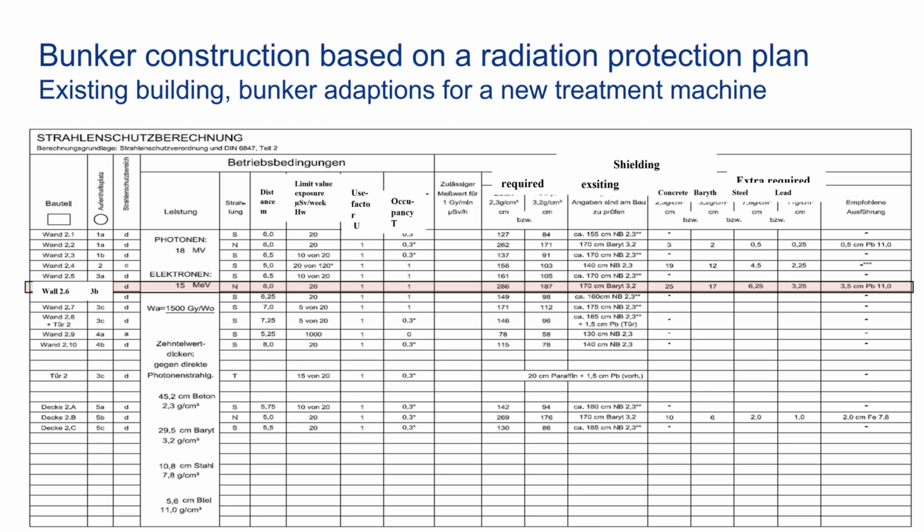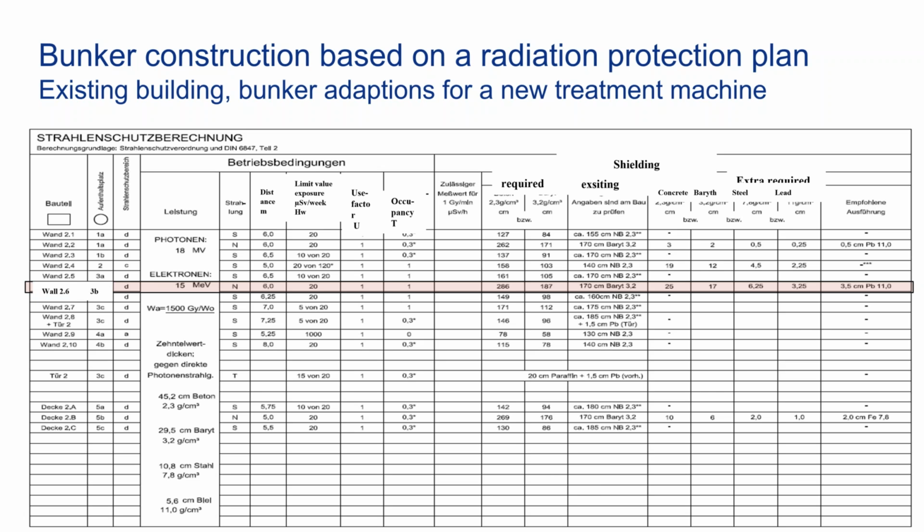So the protection was not good enough, and we had to increase it. We could have an equivalent shielding by an additional layer of 25 centimeter concrete, 70 centimeter high density concrete, 6 centimeter steel, or 3 centimeter lead.